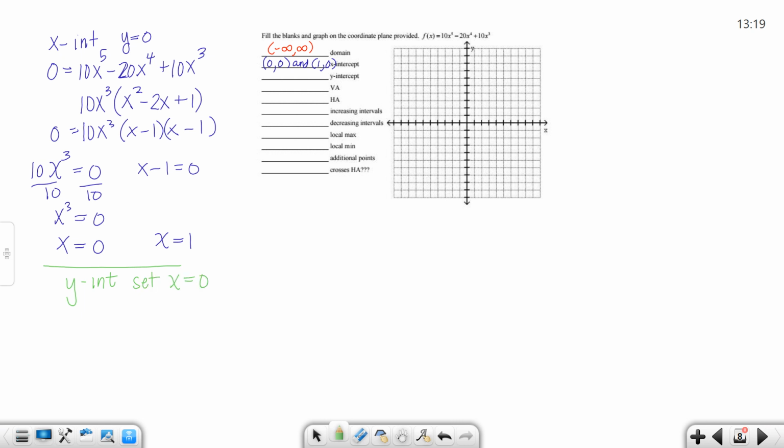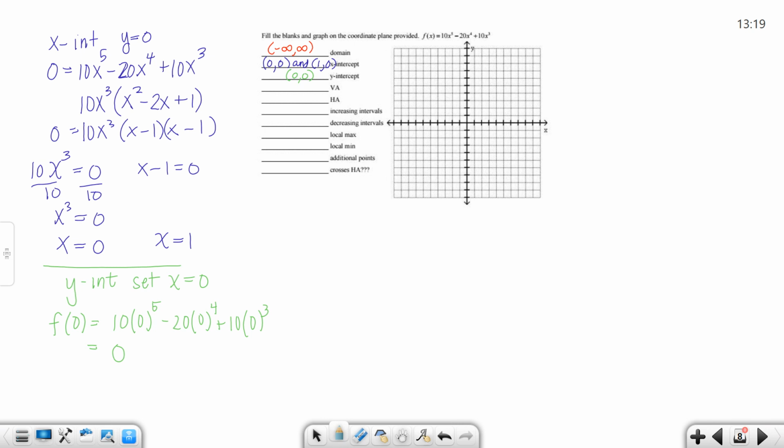So for this function up here, if I say f of 0, I get 10 times 0 to the 5th minus 20 times 0 to the 4th plus 10 times 0 to the 3rd, which would just be 0. So my Y-intercept is 0, 0.